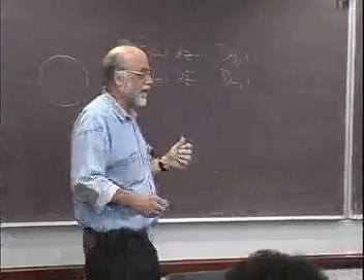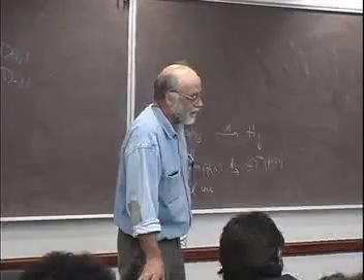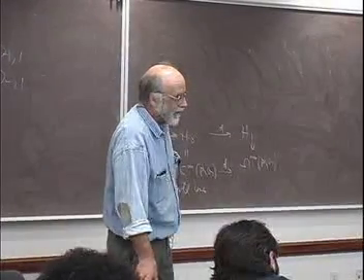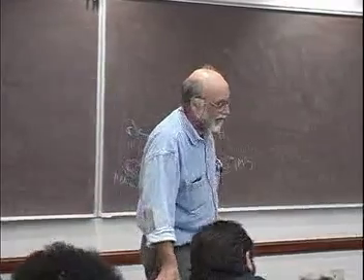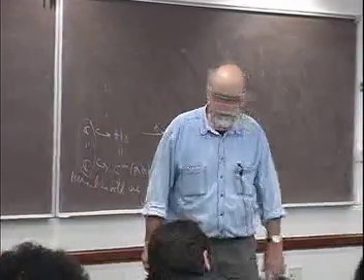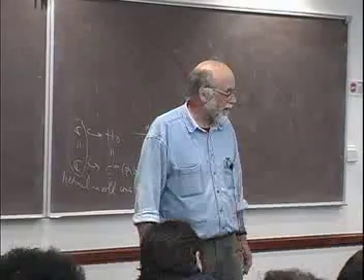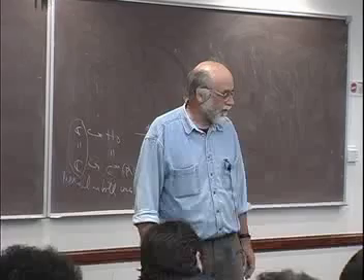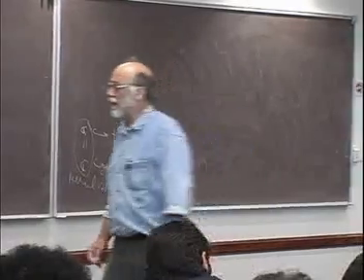Is your statement that this representation goes into the L2 of one forms? Yes. Is your claim that this L2 of one forms is the same as the L2 of SL2R? Contained in. It's a discrete summand.